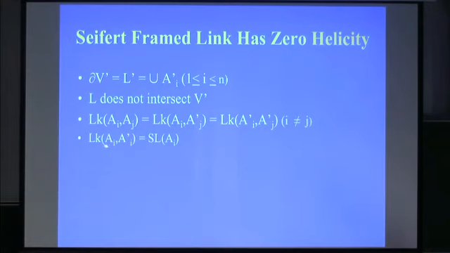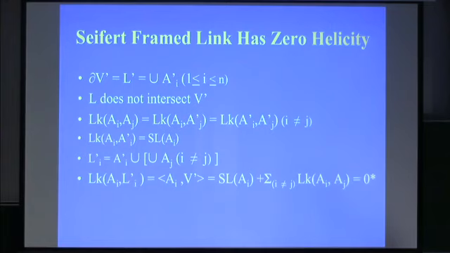And the linking number of Ai with Ai prime, the self-linking number, is defined. And if you take Li prime to be Ai prime, the push-off of Ai, union all the other components of the link, the linking number of Ai with Li prime is equal to 0, because it's the self-linking number of Ai plus the summation of these other linking numbers, and that's equal to 0 because this intersection number is 0.